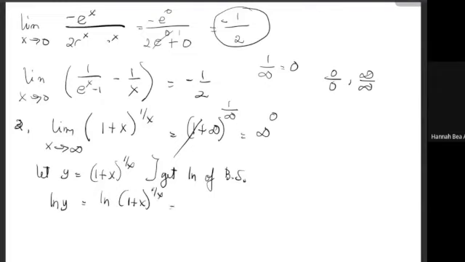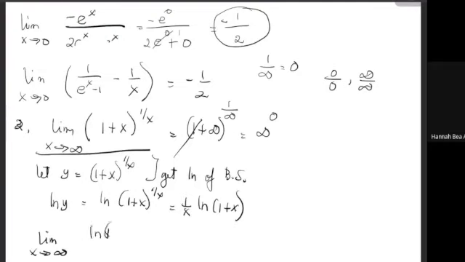But we can write this as 1 over x, ln of 1 plus x. Now, to have a quotient form of an expression, we go back to our limit and rewrite this one in the form ln of (1 plus x) over x.